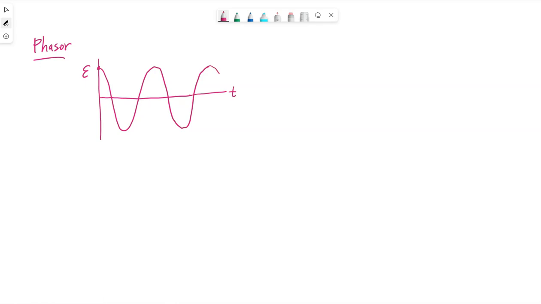When we start putting a resistor and a capacitor and an inductor together, to do this easily we need to use what is called a phasor. A phasor is essentially a vector that rotates.